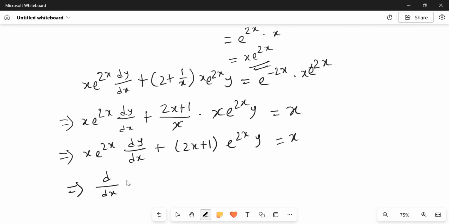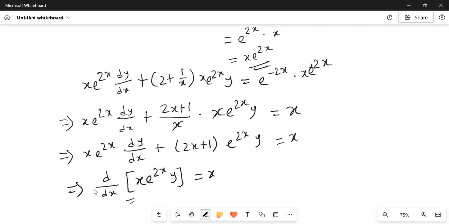And we can write this as d by dx of (x e to the power 2x times y). If we use the product rule on this, basically it will give us this line.